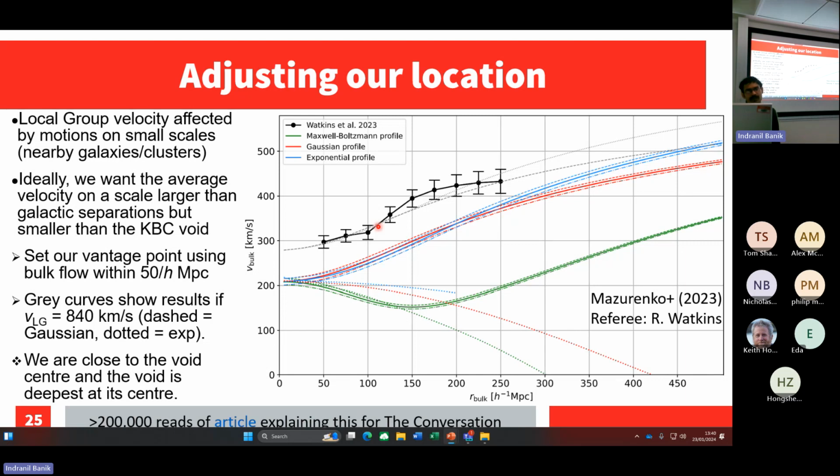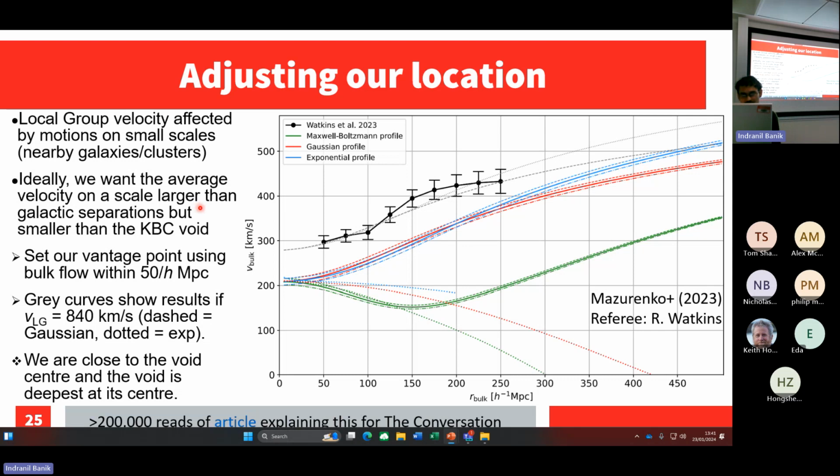That is true, but ideally what you would want is the average velocity on a scale larger than the typical separation between galaxies, but smaller than the KBC point. The reason is our model doesn't include individual galaxies or small-scale irregularities in the velocity field, which means ideally you want the average velocity on a scale of several dozen megaparsec in order to constrain our location in the context of the model.